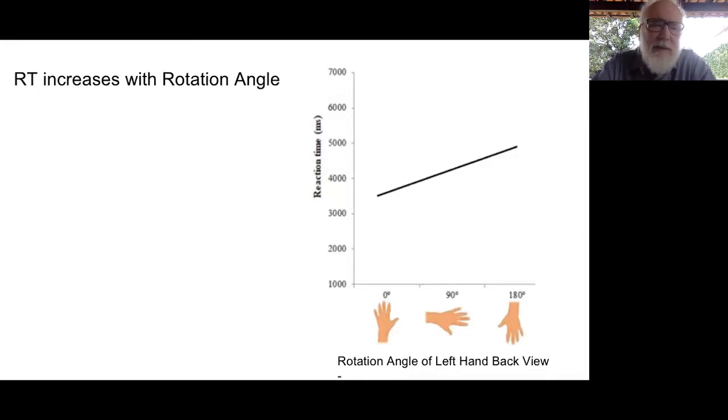The first one is that the reaction time increases with rotation angle. This is interpreted as meaning that the larger the rotation angle, the larger the time required to mentally rotate the stimuli in order to decide if they correspond to the left or to the right hand.